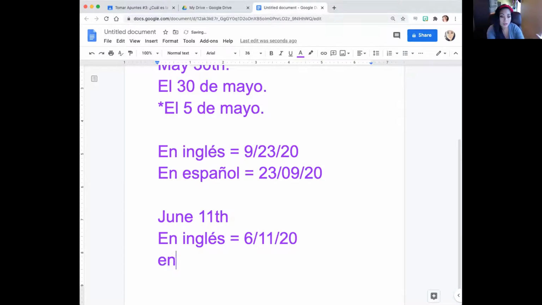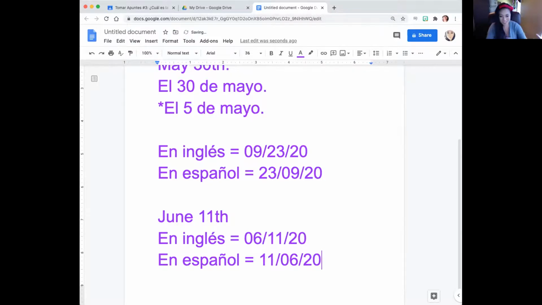But in español, it's going to be el 11 de junio. I don't know why I like to put the cero in there, but it just really feels necessary. There we go. That's better.